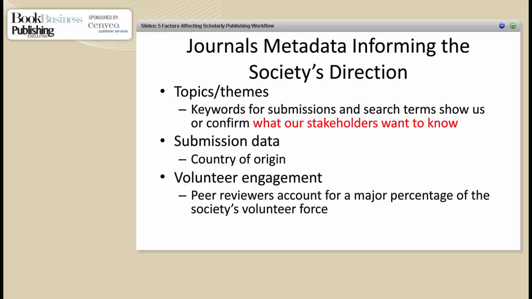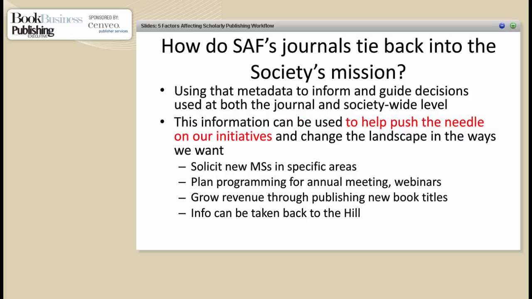For SAF, our journals tie back into the society's mission in a lot of different ways. If we can look into the back end, not just at what's been published, but also what's been submitted, to see what the decision was for those manuscripts and what the corresponding topics were, maybe what we can do with that information is take it to our managers table where we have discussions about how to plan out initiatives for the coming year, things like educational content for our annual meeting or blog posts that we may be developing, or even new book ideas or webinar concepts and more things like that.